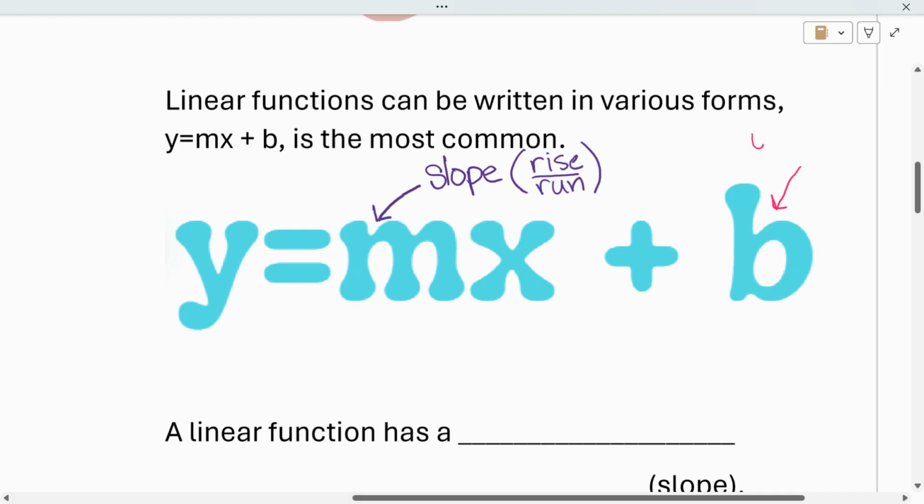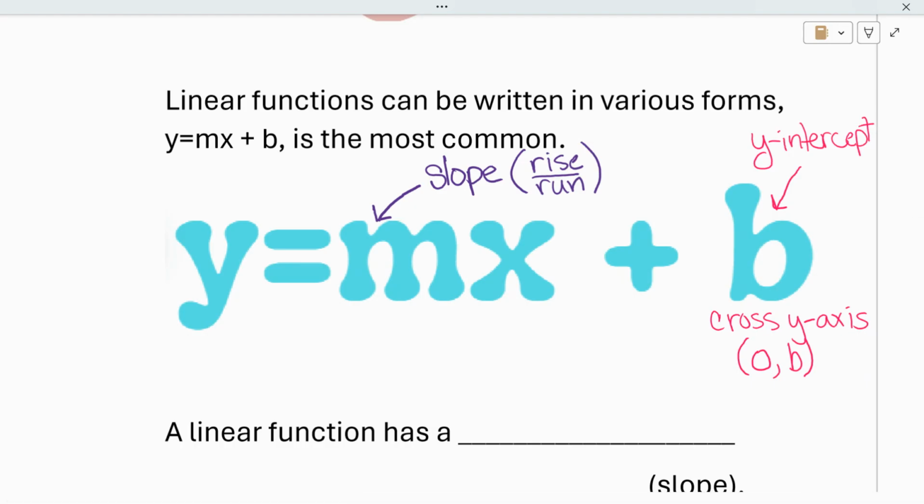This is my y-intercept. It's where I cross the y-axis, and it's represented as the ordered pair 0, comma, whatever b is. Remember, because the y-intercept happens when x equals 0. So that's what it looks like as an ordered pair in a table.